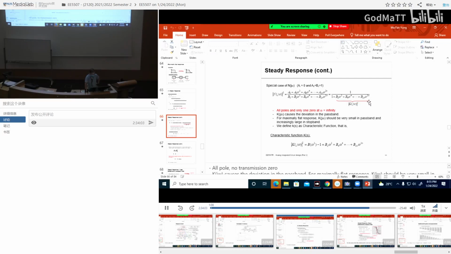Then I can define this as a characteristic function.